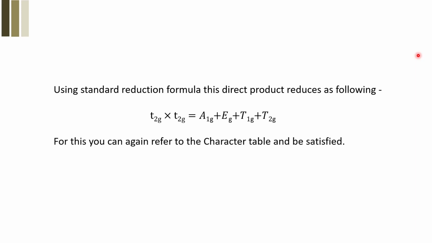It can also be referred to in the character table that this total falls into T2g into T2g. That means 3 into 3, because it is 3-dimensional and 3-dimensional, so there are 9 such possibilities. So 1 plus 2, E stands for 2, plus 3, T is 3, then again 3, so 3 to 6, plus 2, 8, and 1, 9. So there are 9 combinations in the product of t2g and t2g.